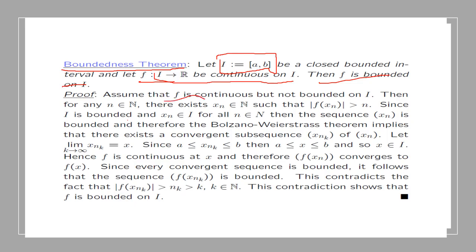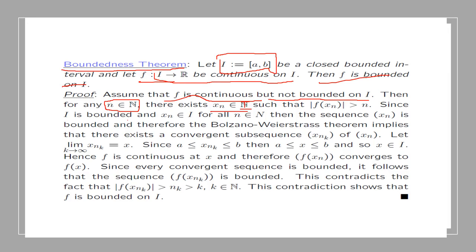So let's assume that f is a continuous function on a closed bounded interval I, and that f is not bounded on I. Then, if f is not bounded on I, for every natural number n that I pick, there will be an element xn in I. Please note that this is I, not n. Replace this by I.